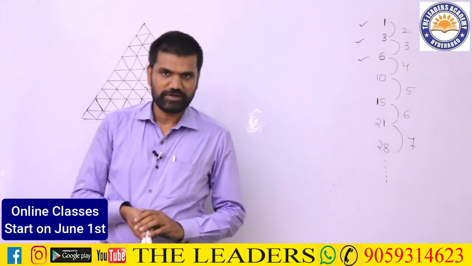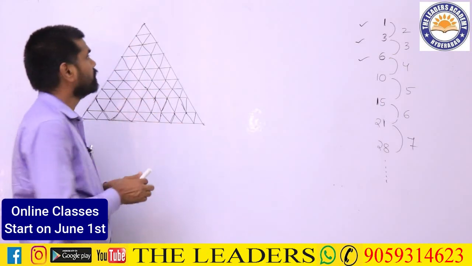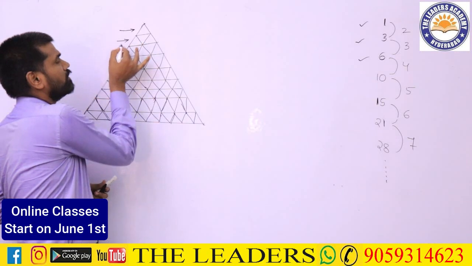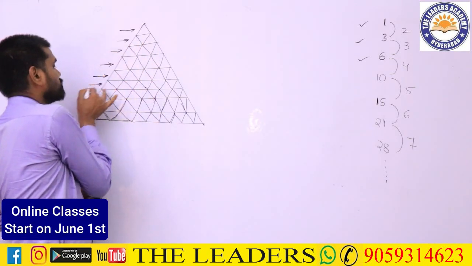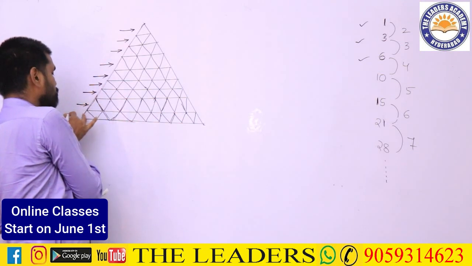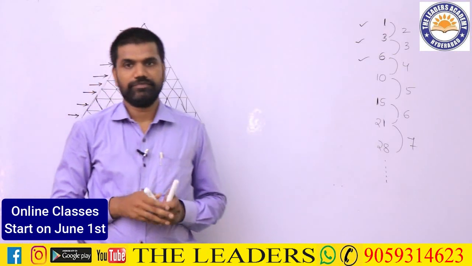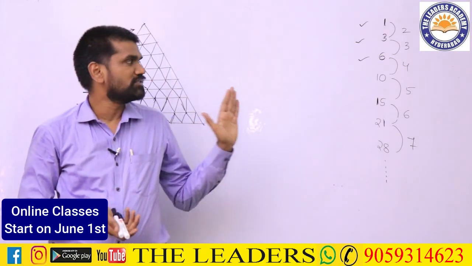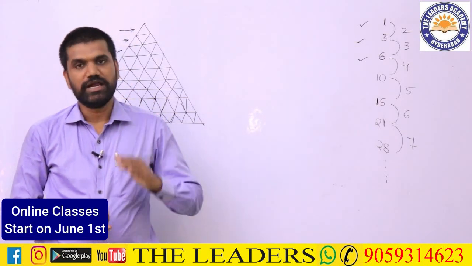Let us see one more example of that kind, where I am taking 9 layers. The number of layers in this diagram is 9 in total: 1, 2, 3, 4, 5, 6, 7, 8, 9. As I have 9 layers, take 9 terms of that sequence, write them vertically and add them.